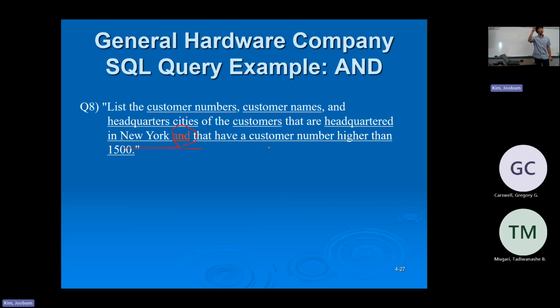There are two conditions. The first condition is headquarters city is New York, and customer number is higher than 1,500.